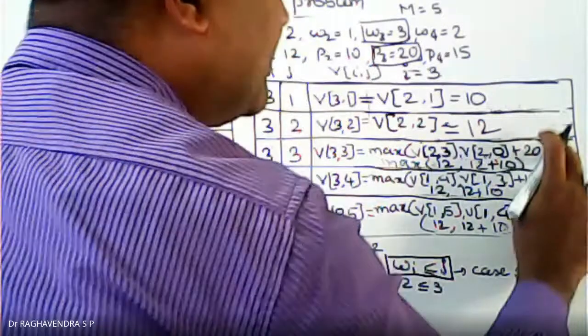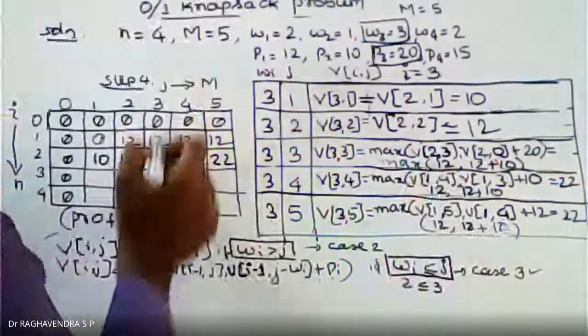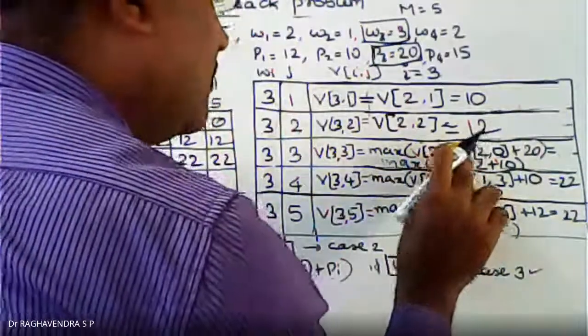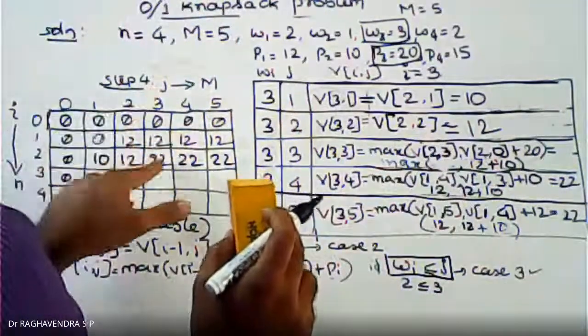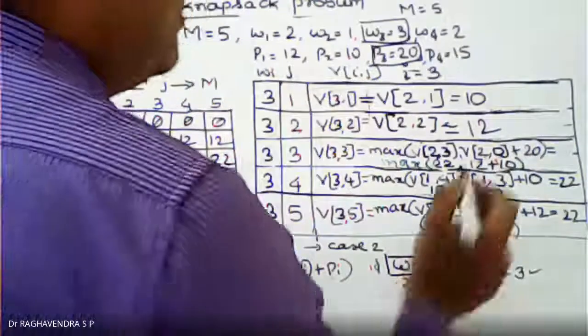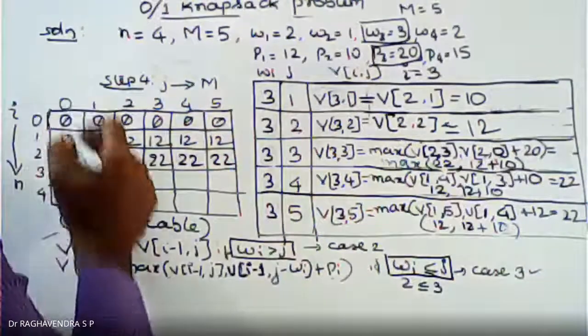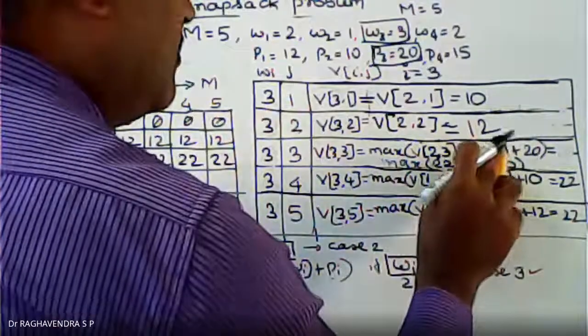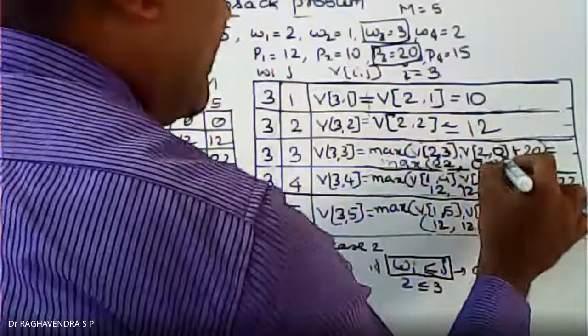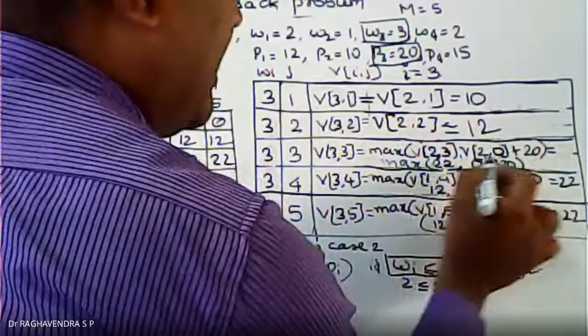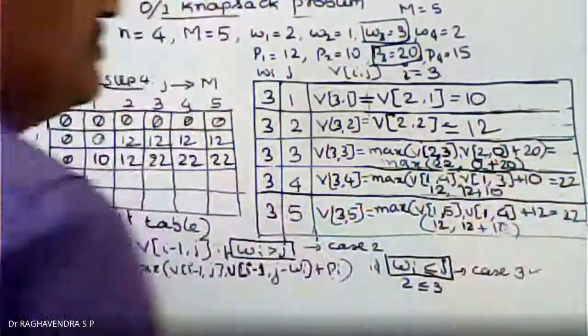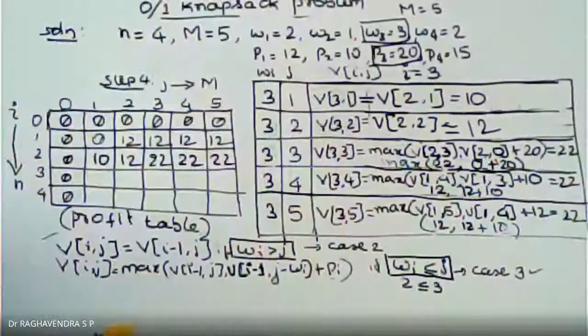So now V of 2 comma 3, what is the value? 22. Comma V of 2 comma 0, what is the value? 0. 0 plus 20. So one value 22 is there, one value 20 is there, which is maximum? 22. So 22 will be the outcome.